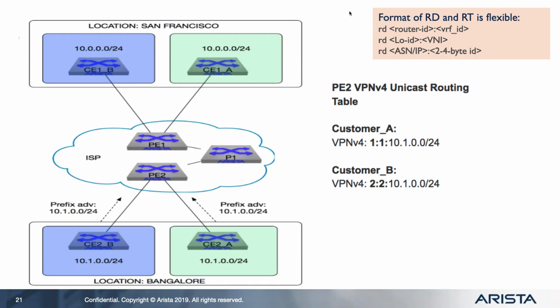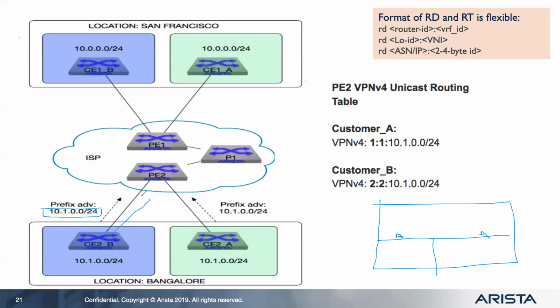So let's understand route distinguisher, RD, first. Basically we are receiving this prefix here. So this is my switch, this is P2, and this is my VRF B routing table, and this is the VRF A routing table.